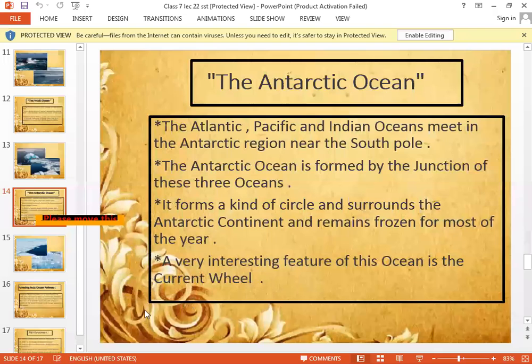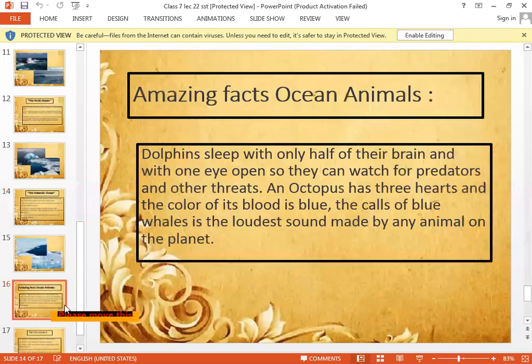So here are some amazing facts about these animals, like dolphins, which are present in these oceans.